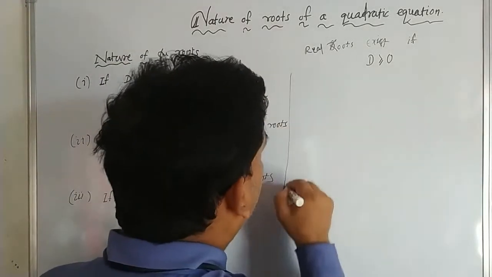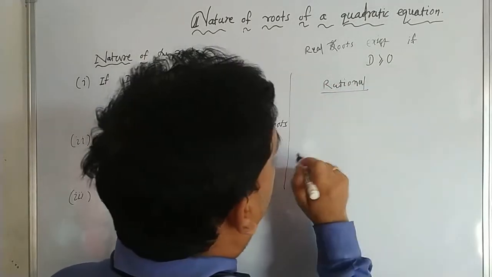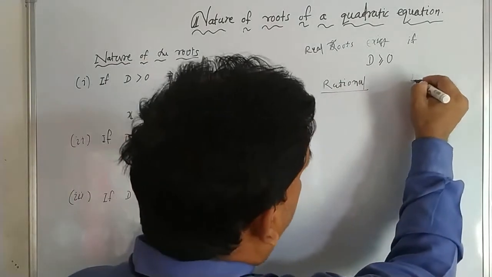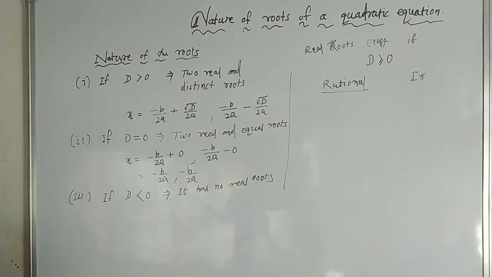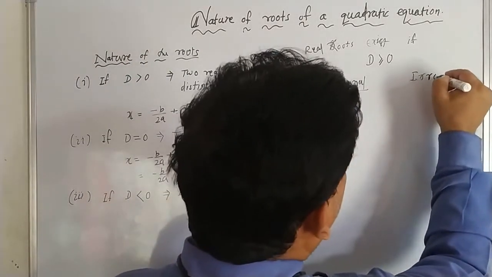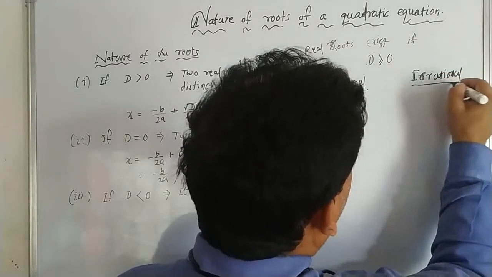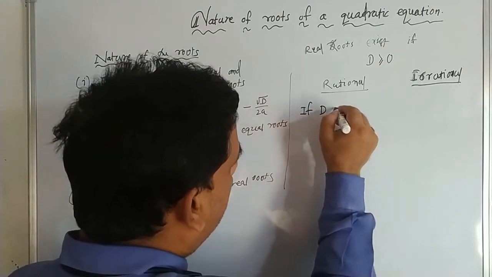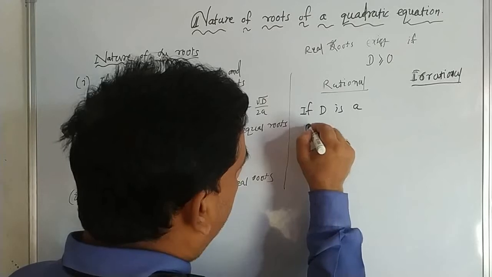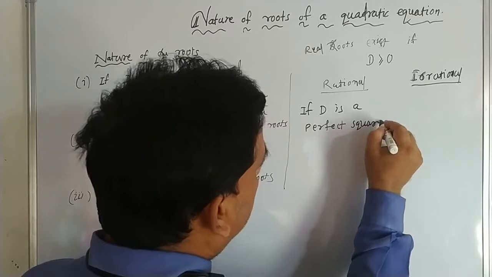The roots are rational if D is a perfect square.